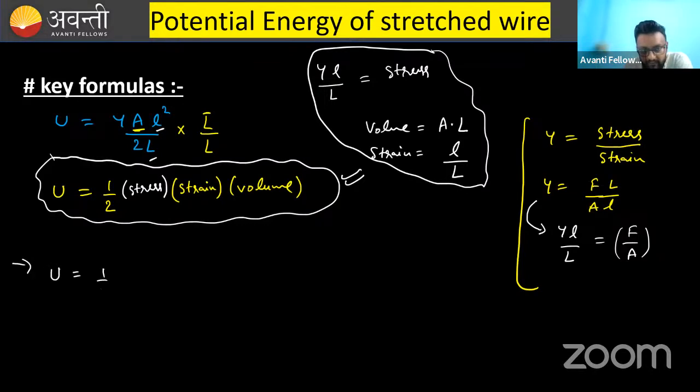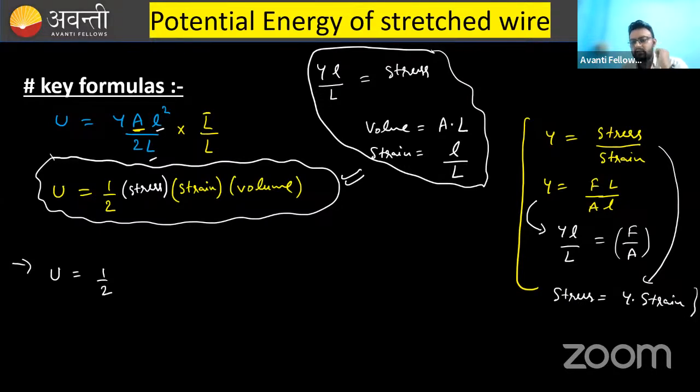U is what? Half. From this equation, have a look at that. Can you write stress as Y into strain? From this relation, can you write stress as Y into strain? Yes, sir, you can write. So I am writing stress as Y into strain.